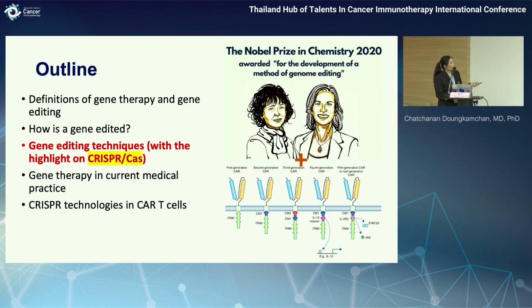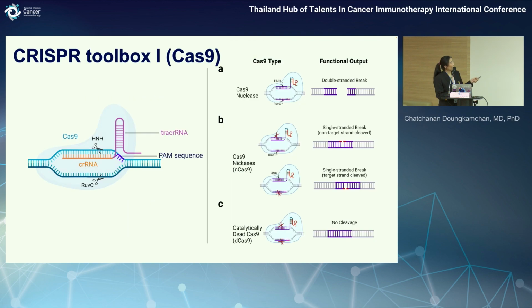So I'd like to introduce you to the expanded toolbox of the CRISPR. The first one that we have been talking about is the Cas9. And as of today, you might know so many Cas proteins right now, right? Cas12, Cas13, Cpf1, but let's focus on the Cas9 for now.